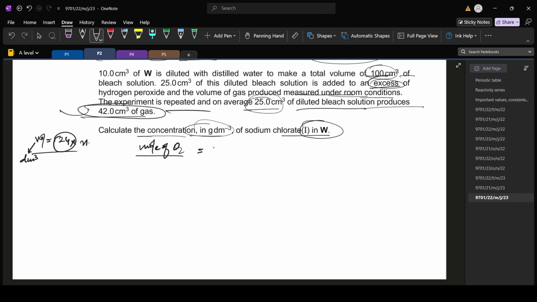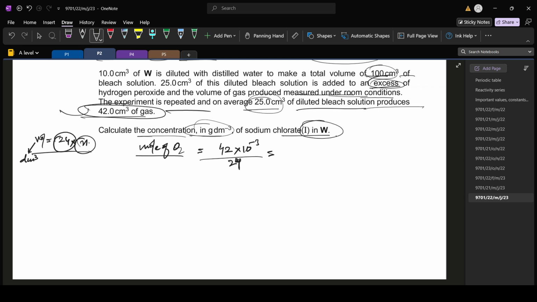So if you make n the subject, the volume which is 45, you have to convert into dm³, so you will multiply it by 10 to the power minus 3, divided by 24. Okay, so you will get the moles of oxygen.